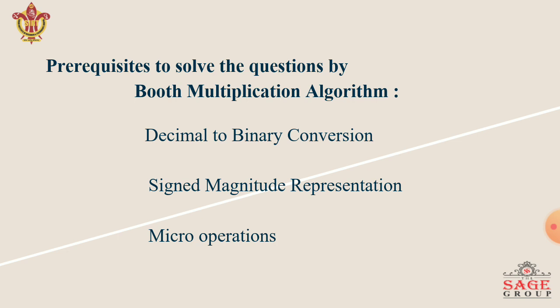In the second method, one's complement of the binary number, and in the third method, two's complement of the binary number. In Booth multiplication algorithm, we use the third method, that is the two's complement method for the negative sign, and we use some micro operations in the algorithm, so we must know about them before we solve the questions.